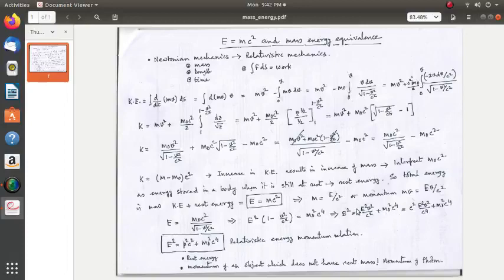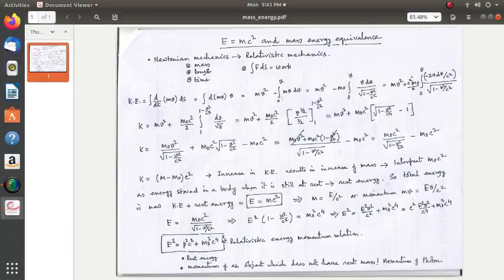So let us multiply it by c square and divide by c square. Then now from this, here you see the momentum is Ev by c square. Then E square v square by c to the power 4 is momentum square. So we write E square equal to p square c square plus m0 square c to the power 4. So this is the relativistic energy momentum relation.